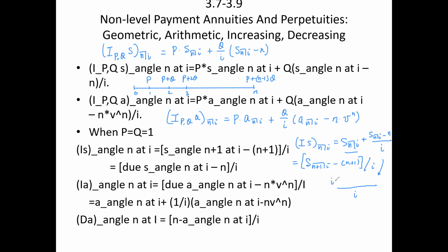You have I times 1 plus I times S n angle I minus n. This is actually annuity due as two dots n angle I minus n.